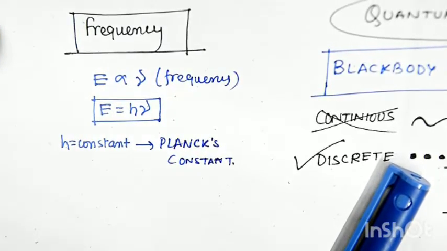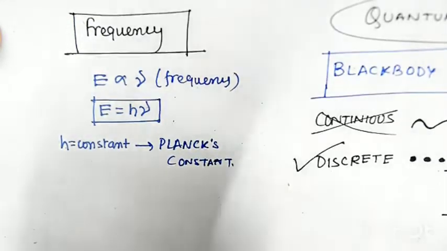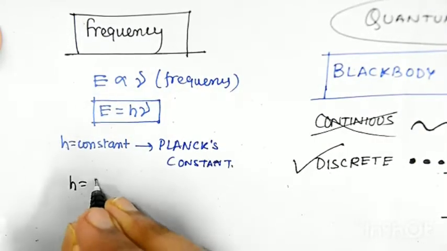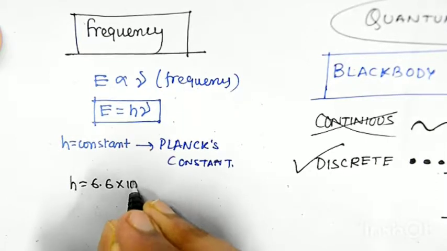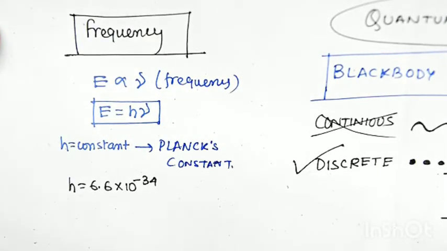Planck's constant is a very important quantity in physics. You need to remember its value throughout your life whenever you work with physics problems. The value of h is 6.6 into 10 to the power minus 34. You have to remember this.